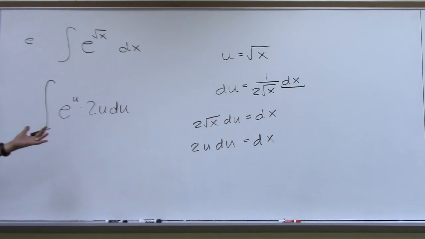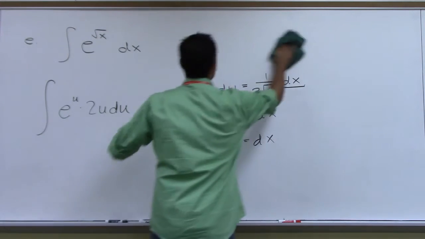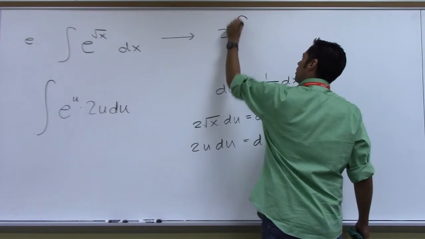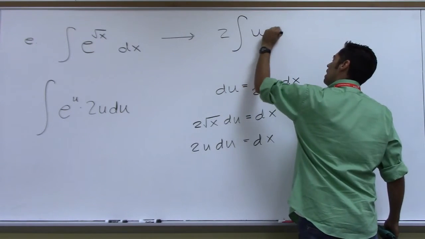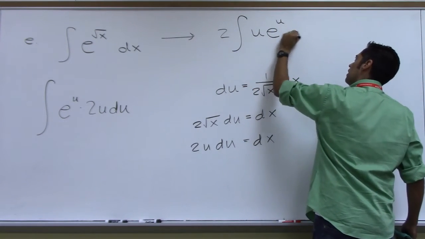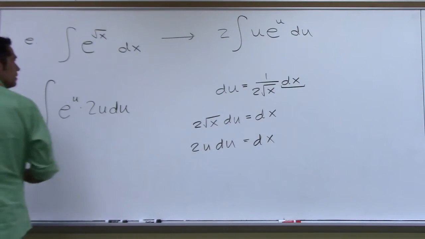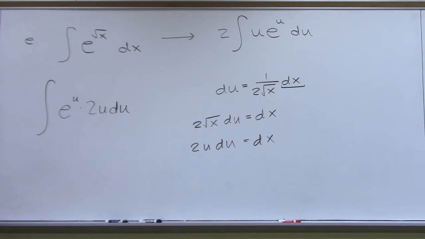Questions? Can I pull a 2 out? Is that all right? So this becomes 2 times the integral of u e to the u du. Do we agree?